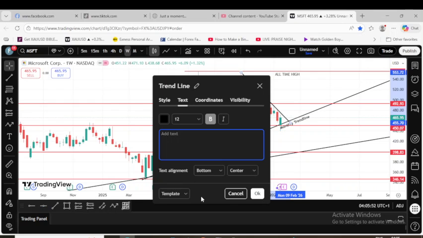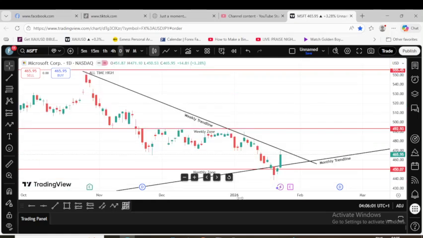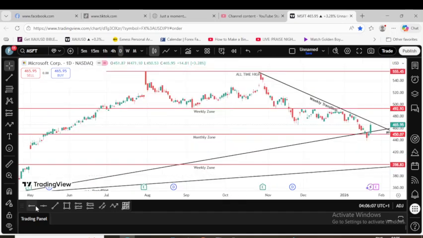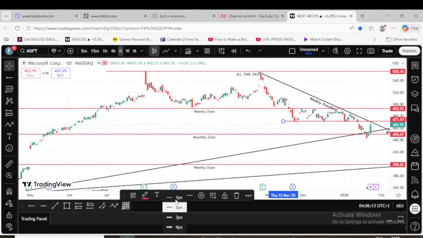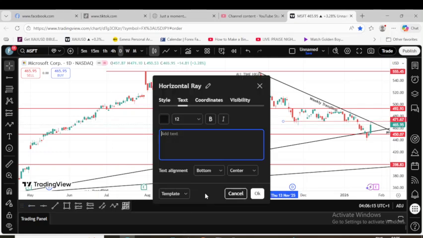Okay, so now let's go down to the daily time frame and let's see what else the market is showing us. Let's identify our daily zones. We have a zone around here. Change this to the daily zone.